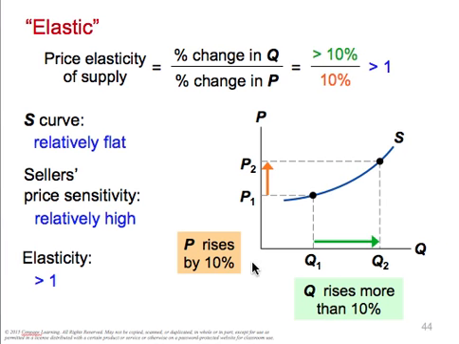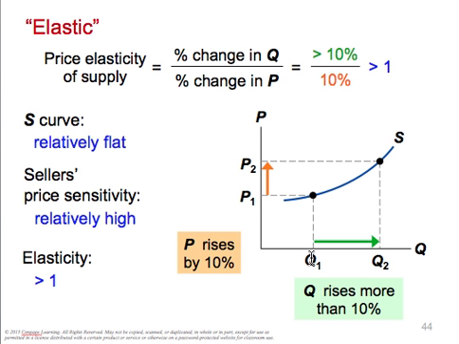Now we look at an elastic example. Notice the supply curve has moved from vertical, to relatively inelastic, to now getting a little more horizontal. So the curve is relatively flat. Look at the range of quantities here in a short range of prices. At price 1, you have quantity 1.